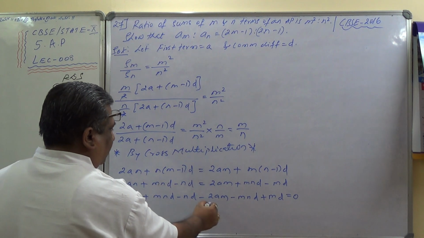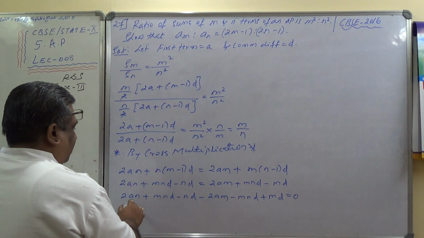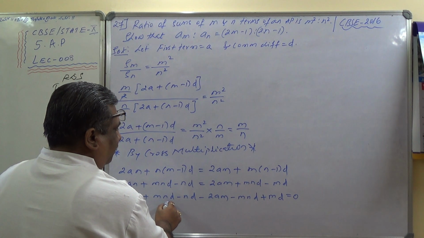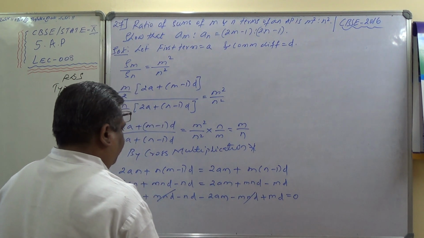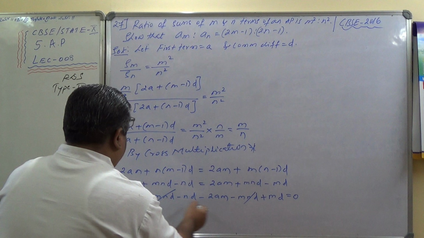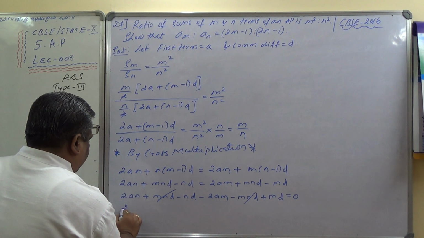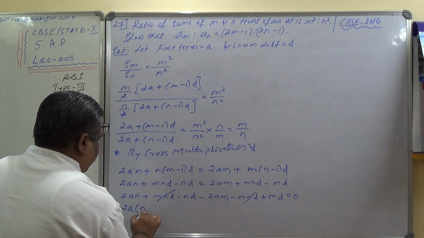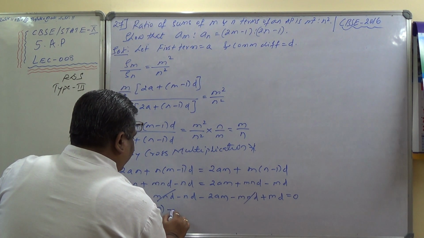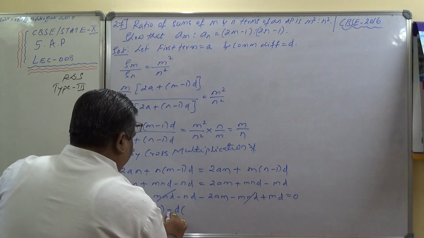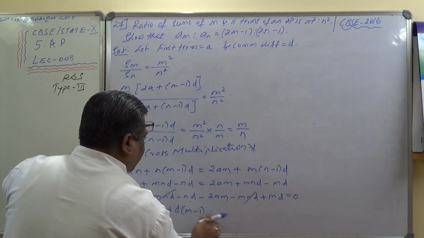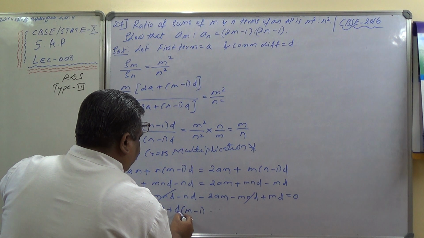So 2an minus 2am, and md and nd cancel. Now what we want is a, so I'll take 2a times n minus m, and d I'll take common, m minus n.